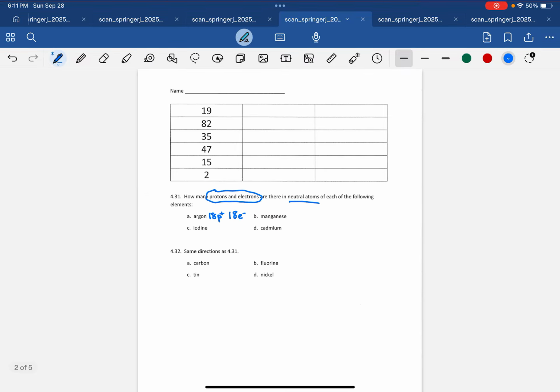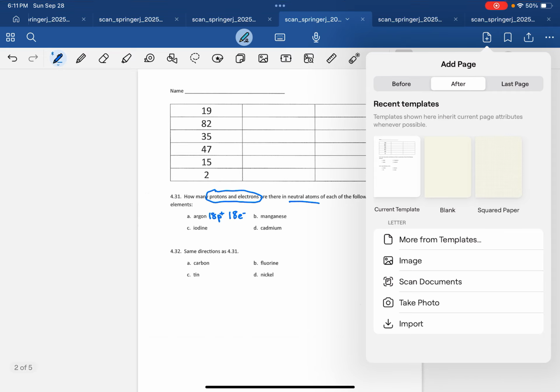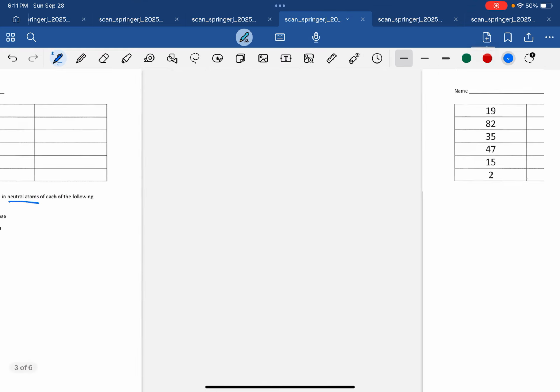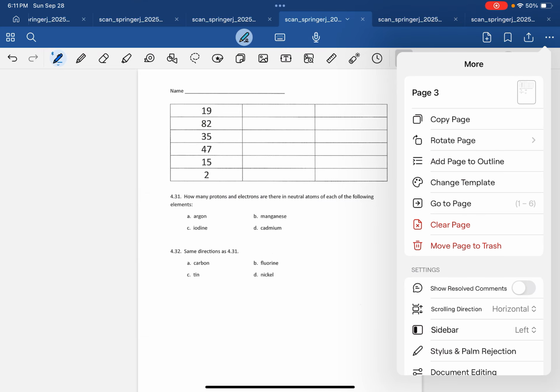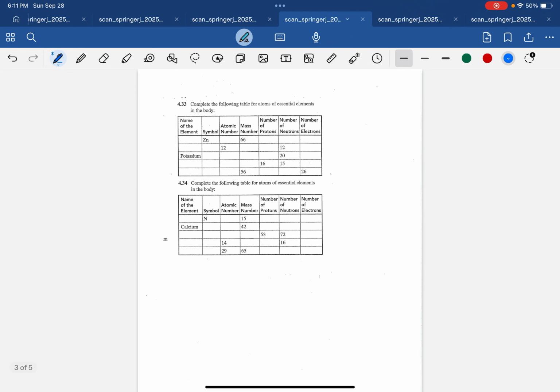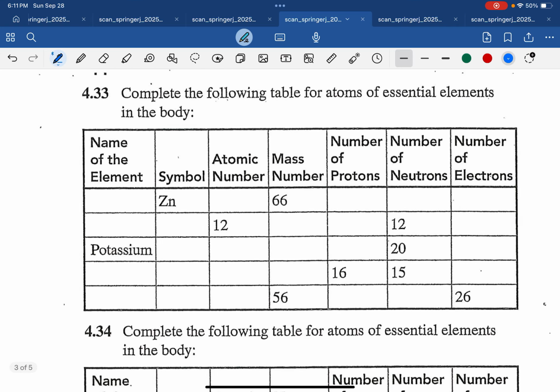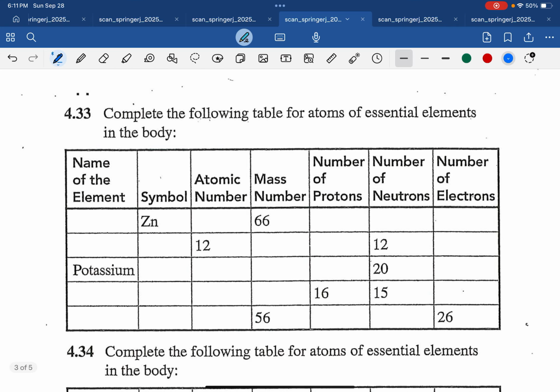Here, let's add a page. Oh, there's another page. Okay, here we go. Sorry, I missed that last page.